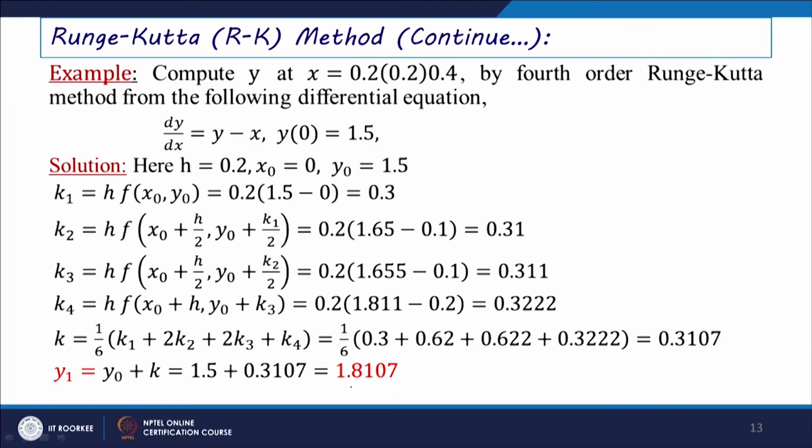So if we go for a practical example based on this Runge-Kutta method, we can write dy by dx equals y minus x, and y of 0 is 1.5.